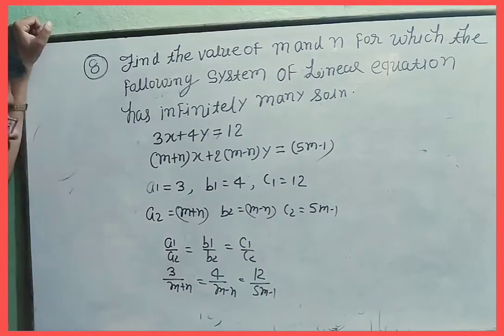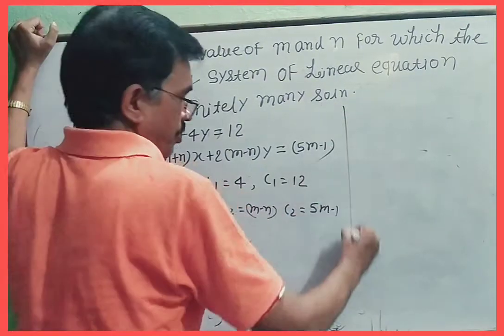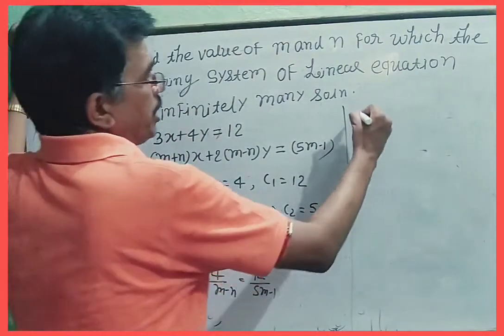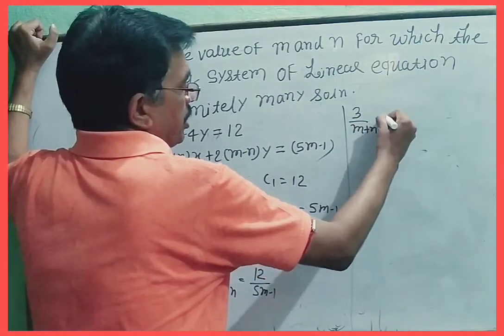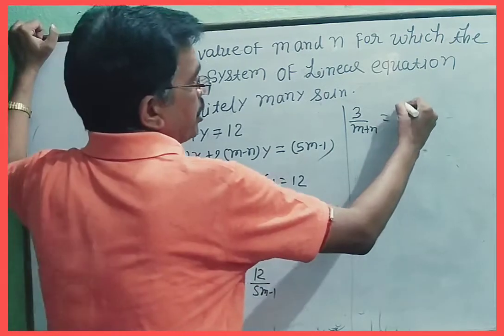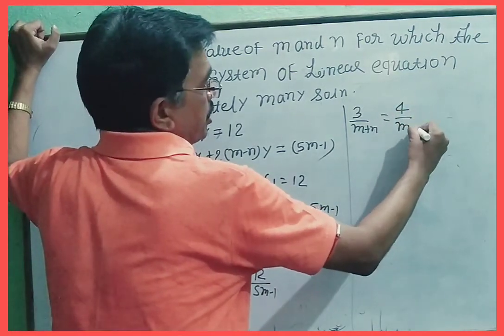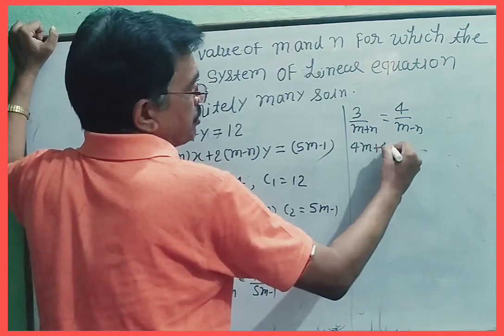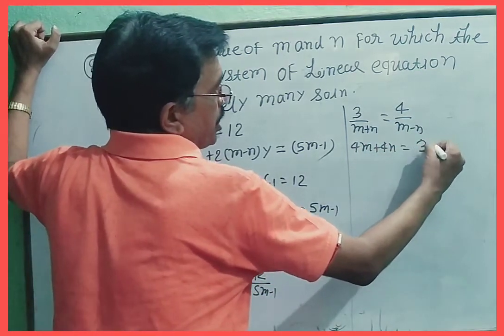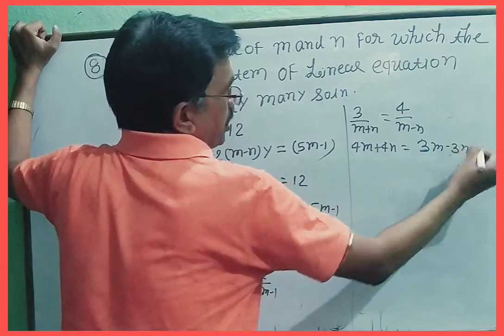First we solve the first two conditions, that is 3 by m plus n is equal to 4 by m minus n. Cross multiplication, then it is 4m plus 4n is equal to 3m minus 3n.